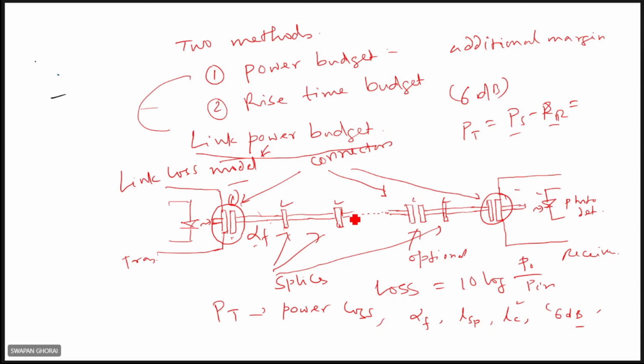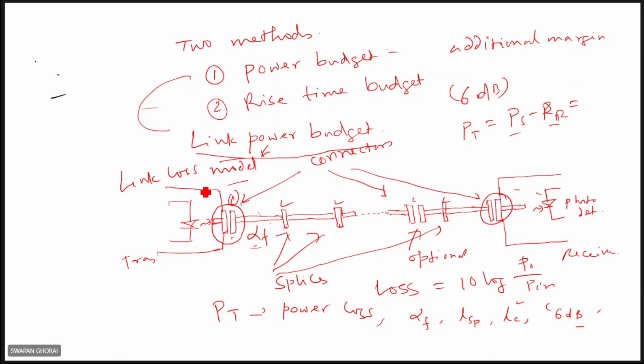When you join two fibers together permanently, splices are used. These are also optional. So there will be connector loss. Once you use a component, some loss will be there. There can be splice loss. Also, the fiber itself can produce loss, the fiber attenuation that we have studied, that is alpha F.